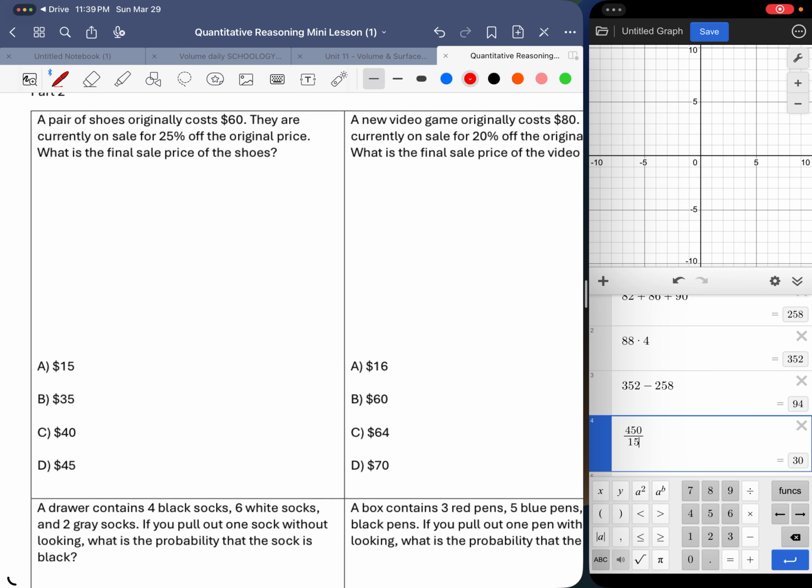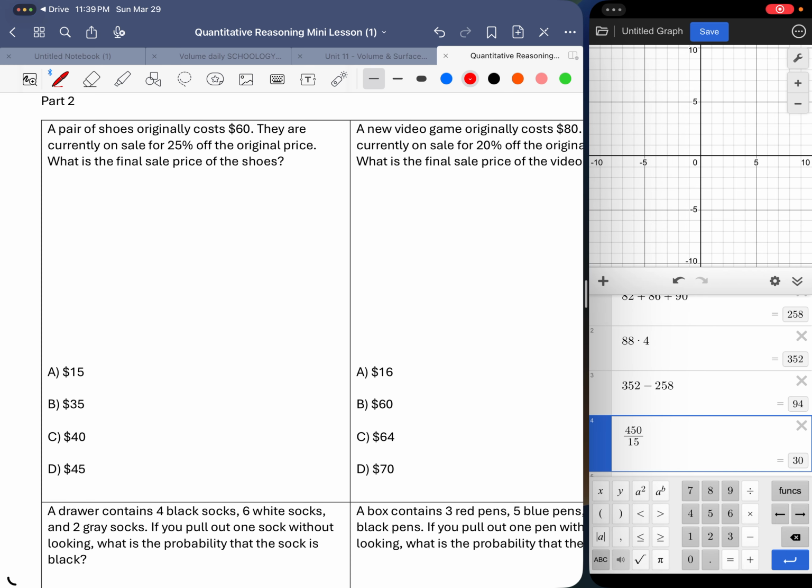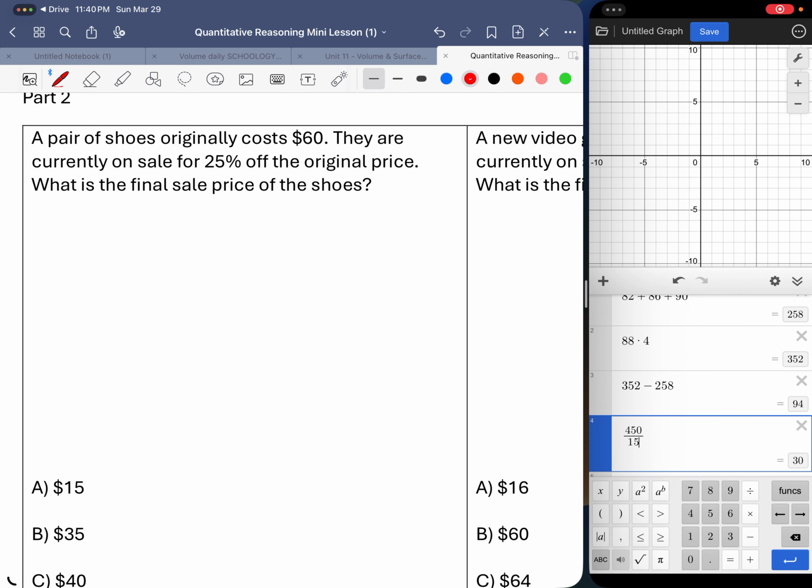All right, so here, a pair of shoes originally cost $60, and they are currently on sale for 25% off the original price. What is the final sale price of the shoes? Okay, so actually this is easy. I believe in class I taught you in another way, but I actually found an easier way. So the shoes itself is $60.